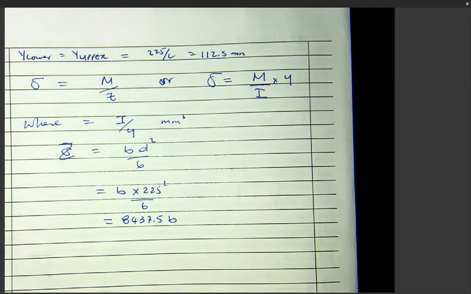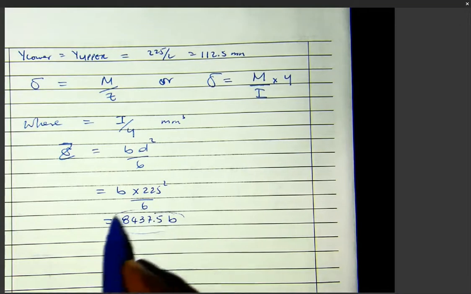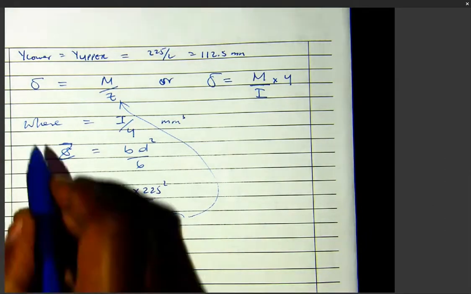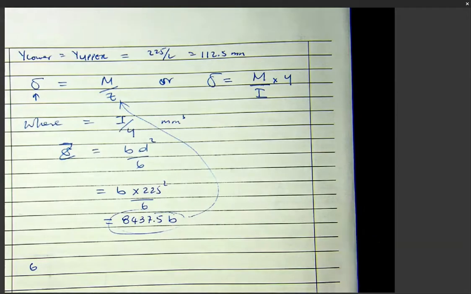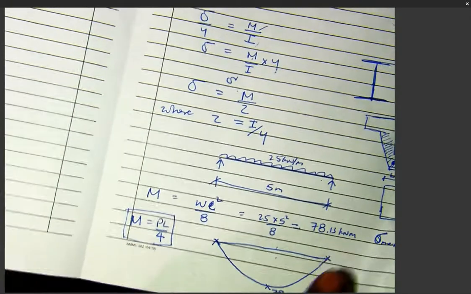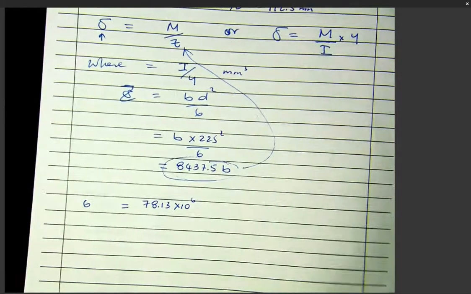I know my stress is 6. I know my M, so I can simply substitute in that equation. Stress, given as 6, is equal to M. I've calculated M here as 78.13 times 10 to the power 6. I am converting my M into Newton millimeters.